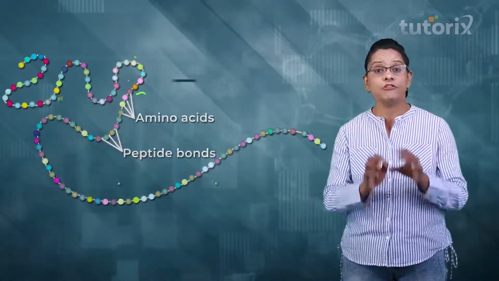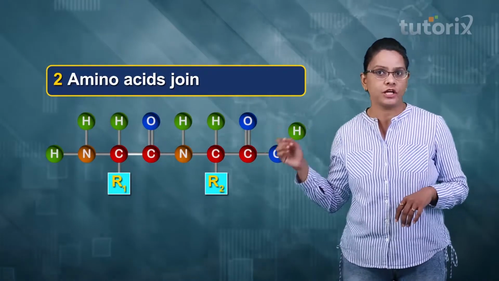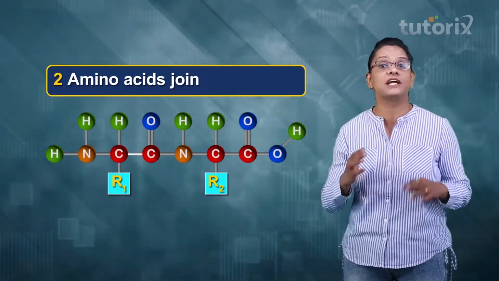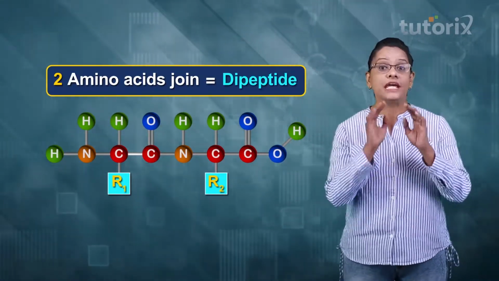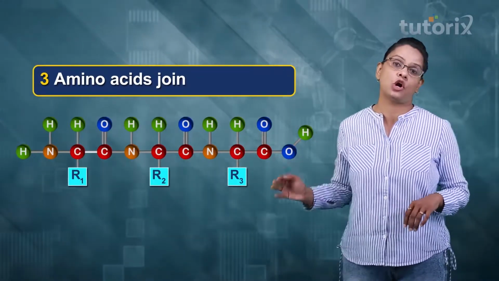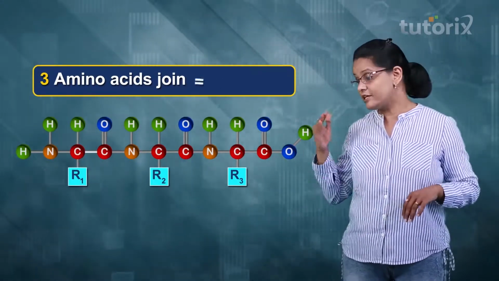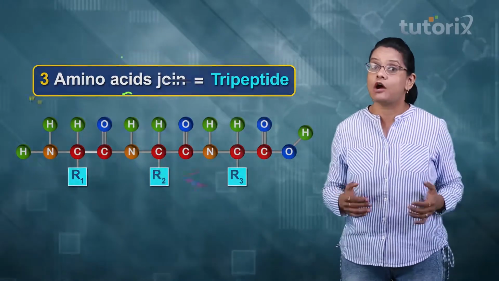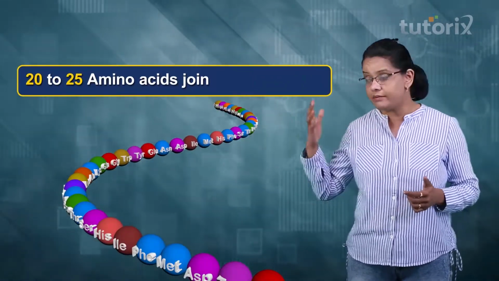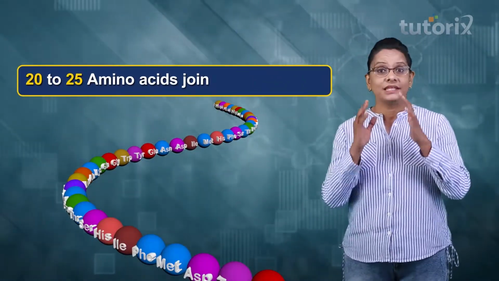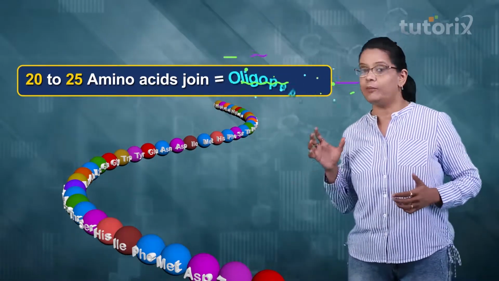Now friends, if only two amino acids join together, then the resultant peptide is called a dipeptide. If suppose three amino acids join together, then the peptide is a tripeptide. But if around 20 to 25 amino acids join together, then what we call is an oligopeptide.